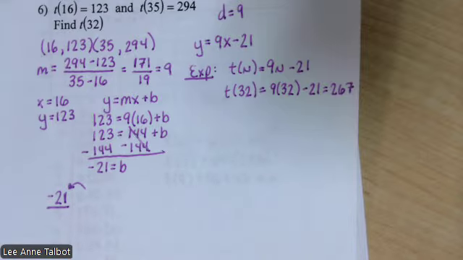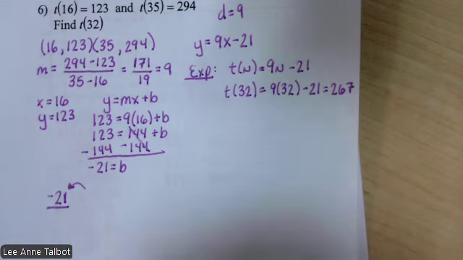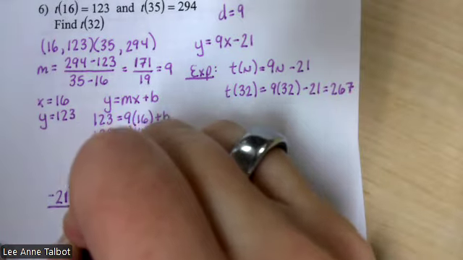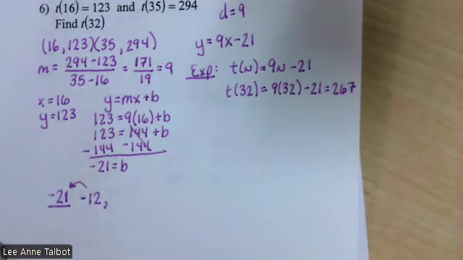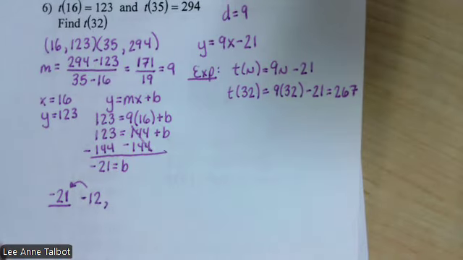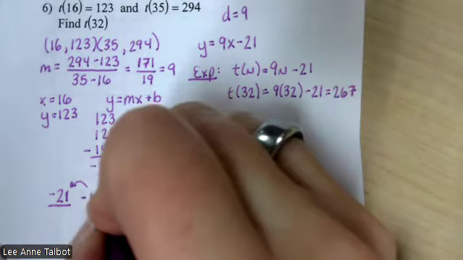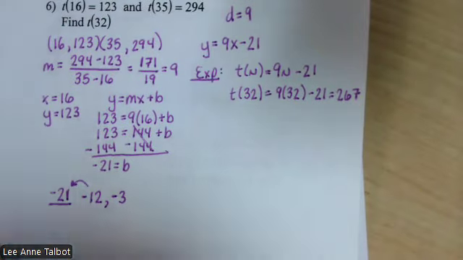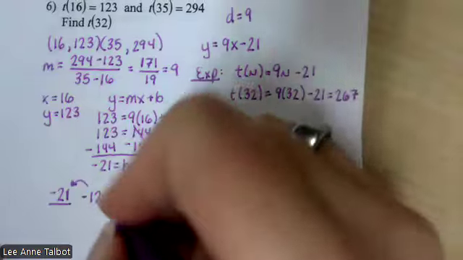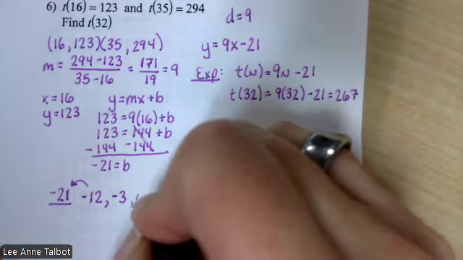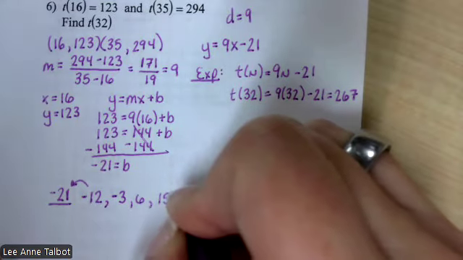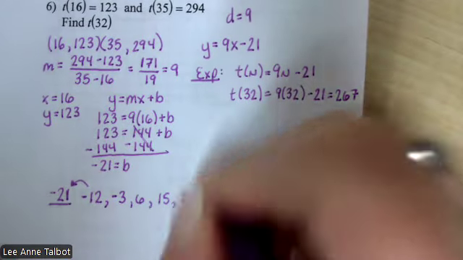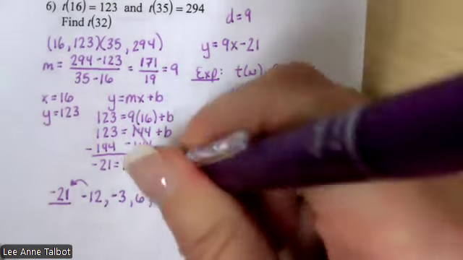So what's negative 21 plus 9? Negative 12. Plus 9. Plus 9. Plus 9. Plus 9.